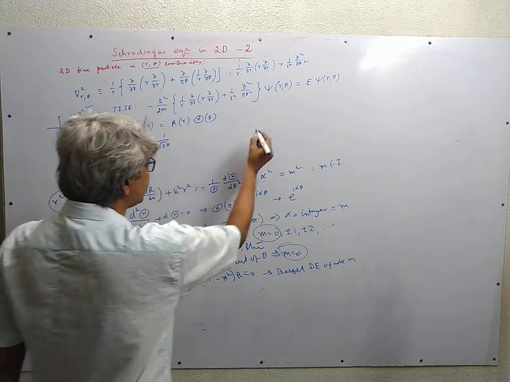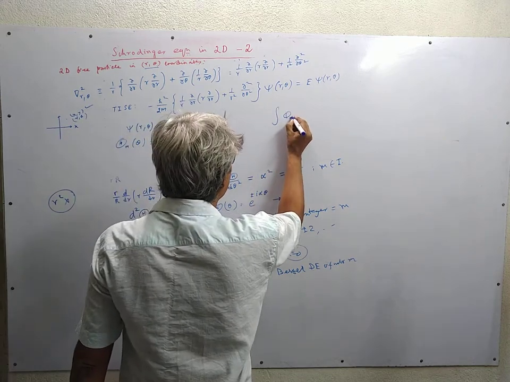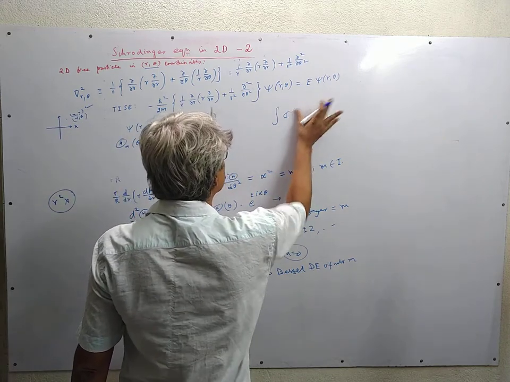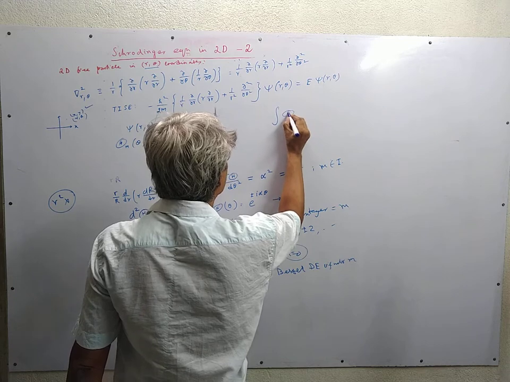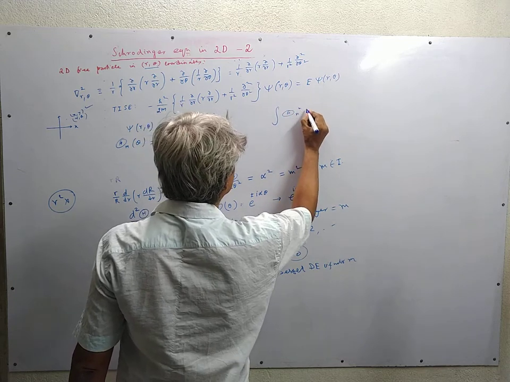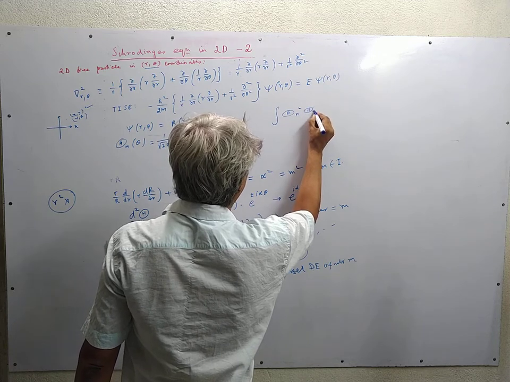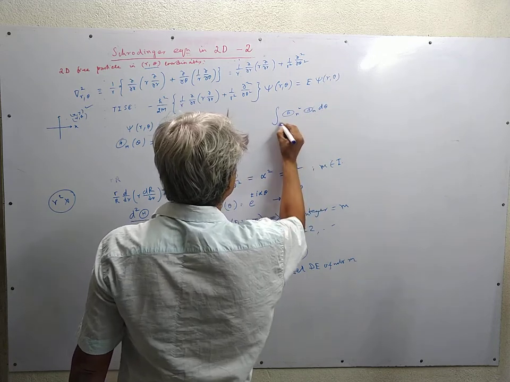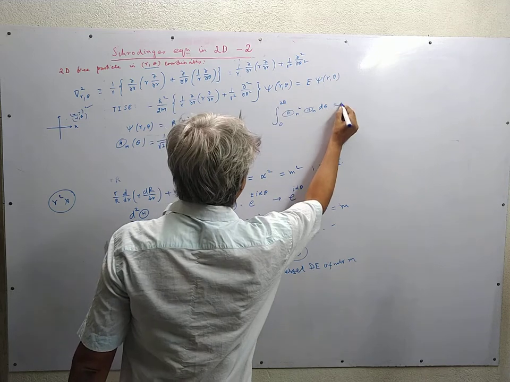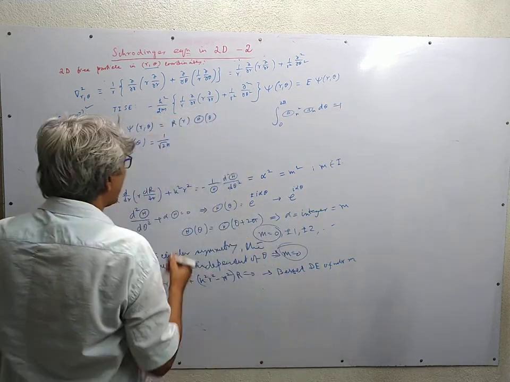From normalization, that psi m star psi m, this gives you 2 pi.